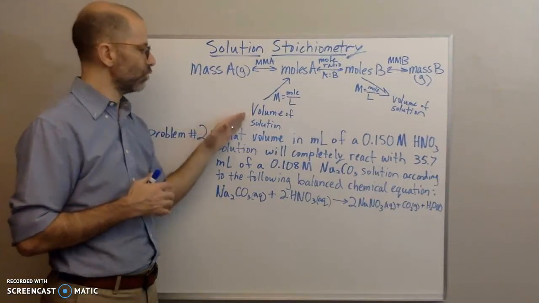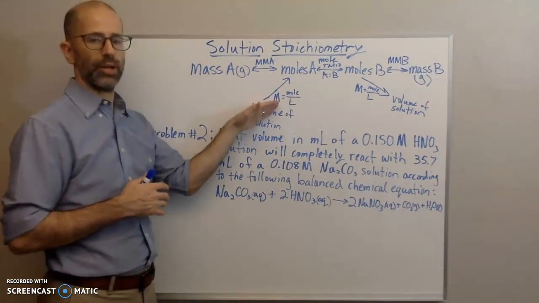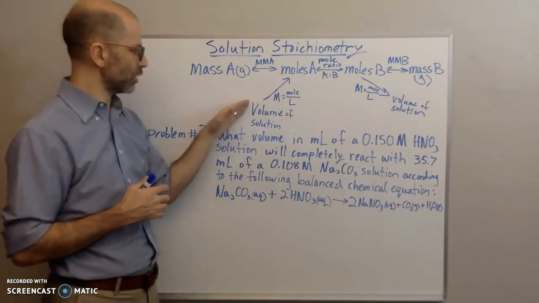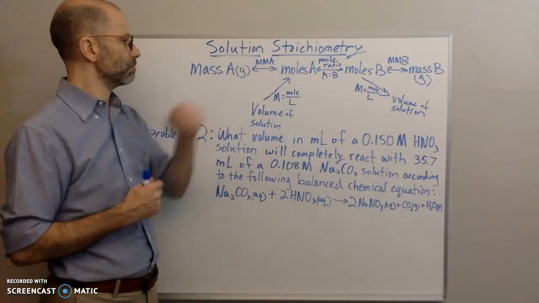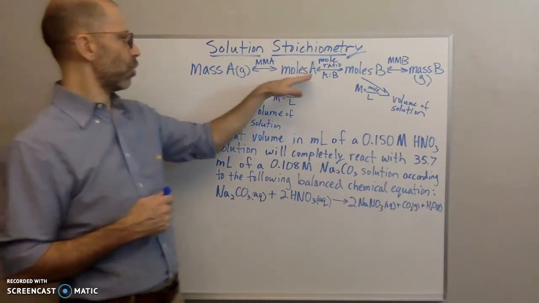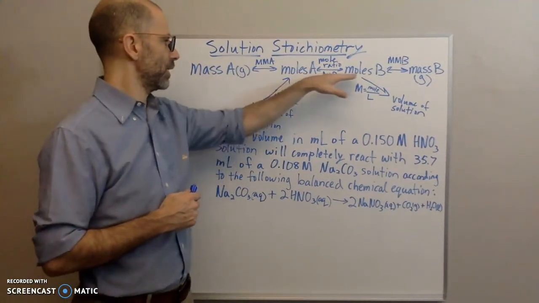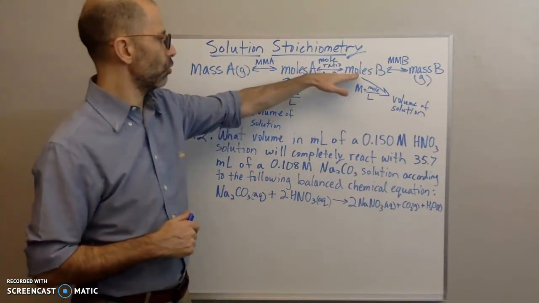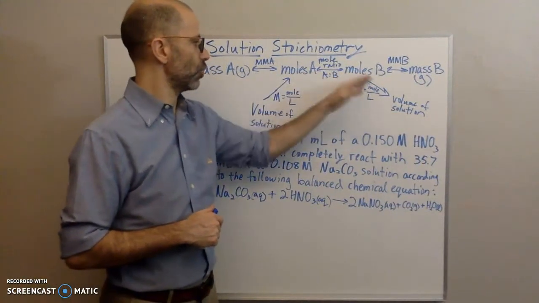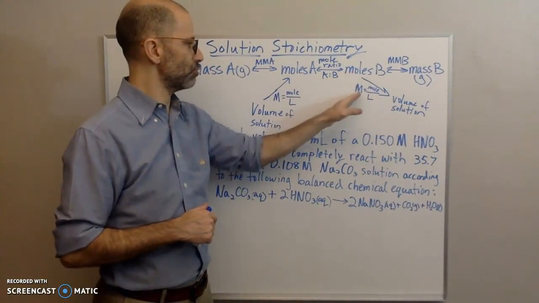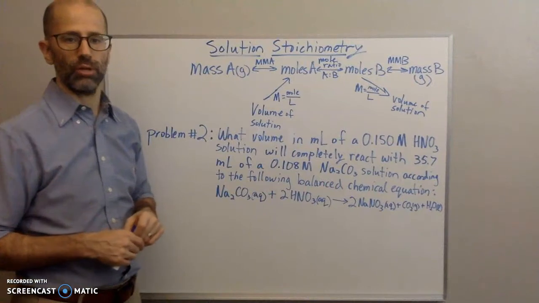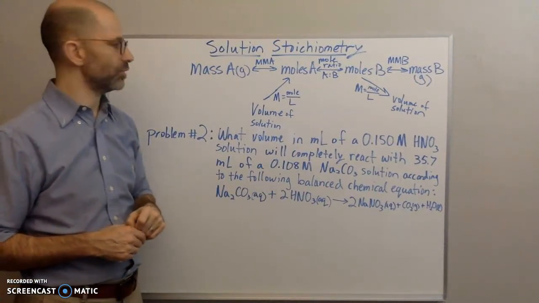So they're going to give you a volume. You use molarity as a conversion factor to convert that volume in liters to moles, and then you can use the mole ratio in the balanced equation. From the moles, if they want another volume of this other substance, then you use the molarity to convert to a volume of that other substance.